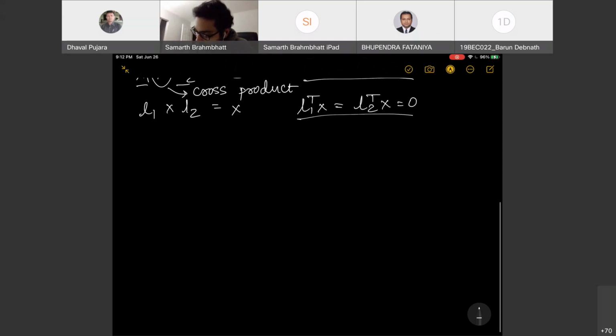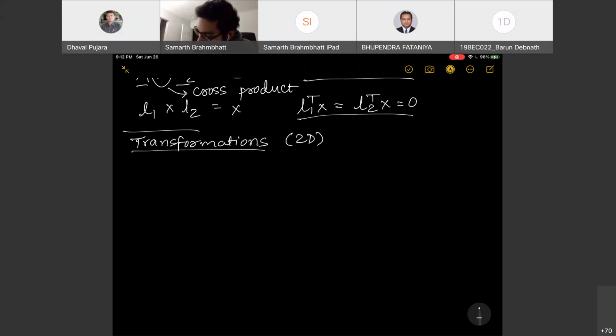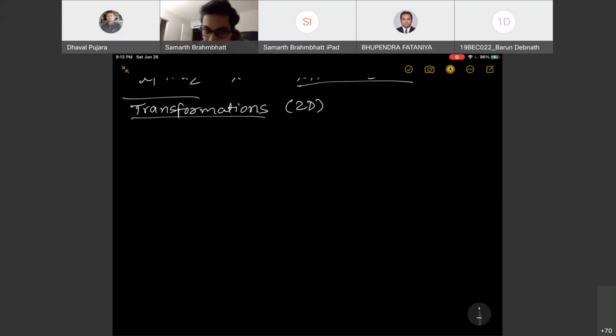Now, another advantage of representing things in homogeneous coordinates is when you want to transform points. So we can look at transformations. First, we will look at all these transformations in 2D, because our lines and points are in 2D right now.